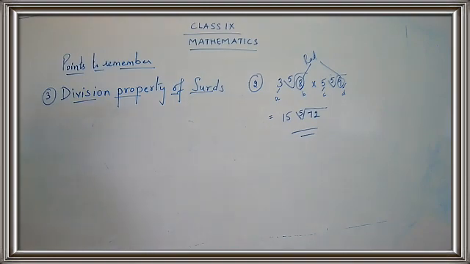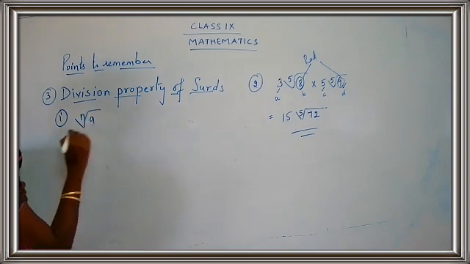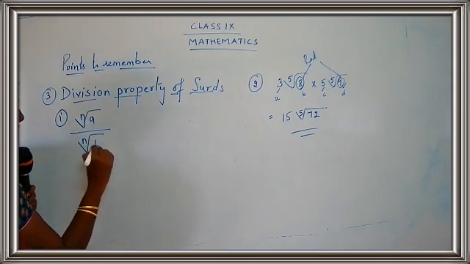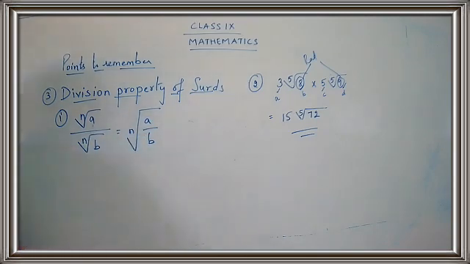Write down the rules for this. Under division, you have nth root of A upon nth root of B is equal to nth root of A upon B. Nth root of A upon nth root of B is equal to nth root of A upon B.